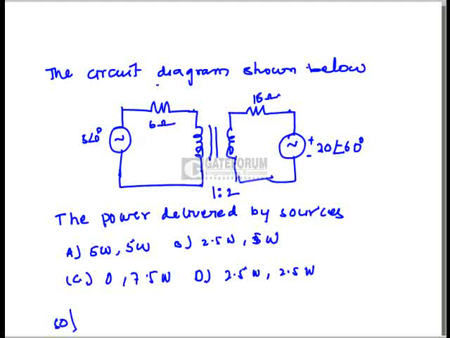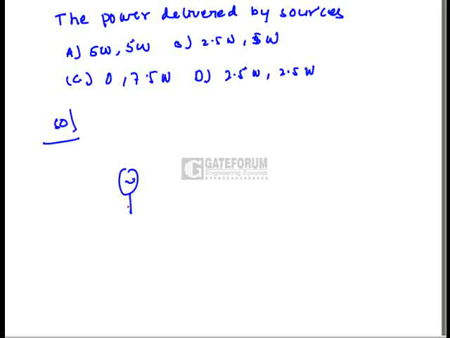If you shift the 16 ohms into the primary side, that has to be divided by the transformation ratio square. The transformation ratio is 2, so we divide by 4. I am writing the equivalent circuit referred to the primary side. This is 5 at an angle 0 degrees, given in the primary side, and this is 6 ohms.